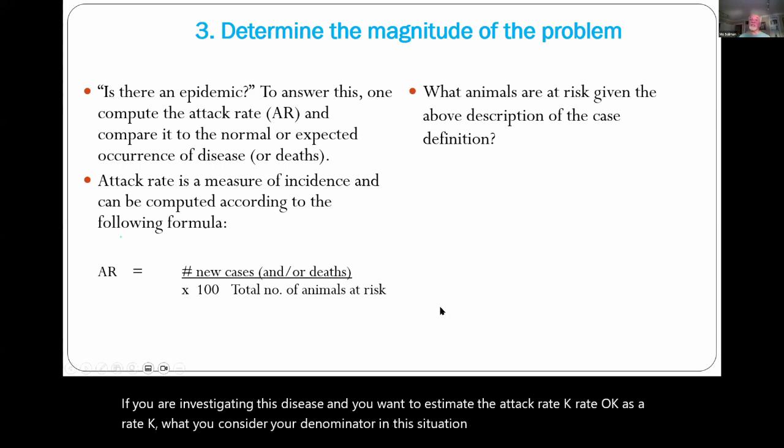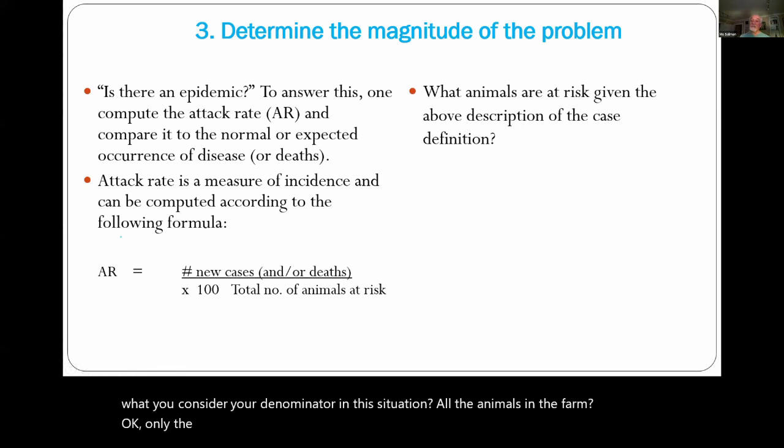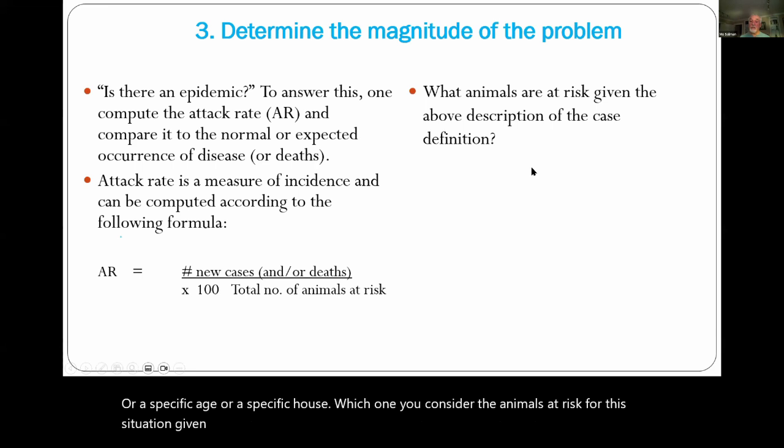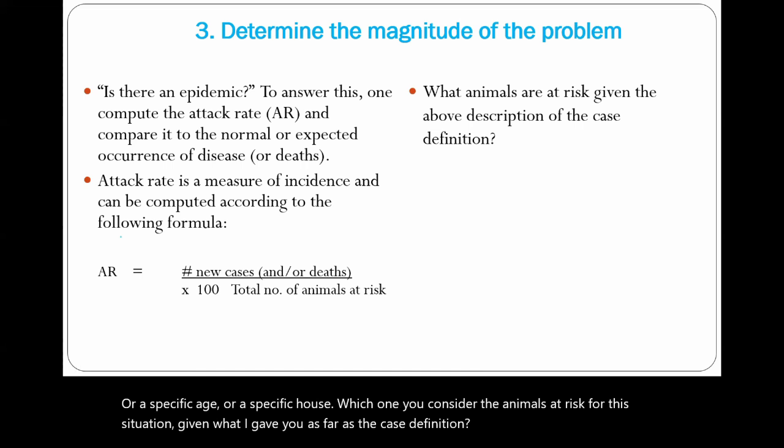All the animals in the farm, okay, only the lactating cows, or a specific age, or a specific house? Which one do you consider the animals at risk for this situation, given what I gave you as far as the case definition? Would you start as broad as possible and narrow it down over time?